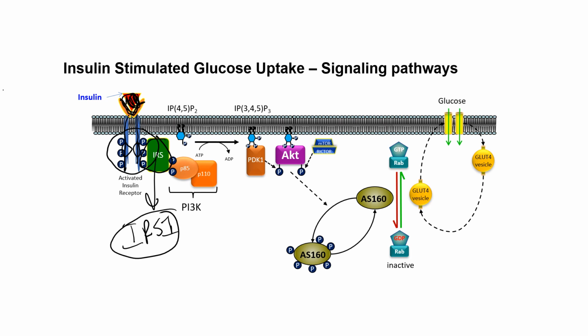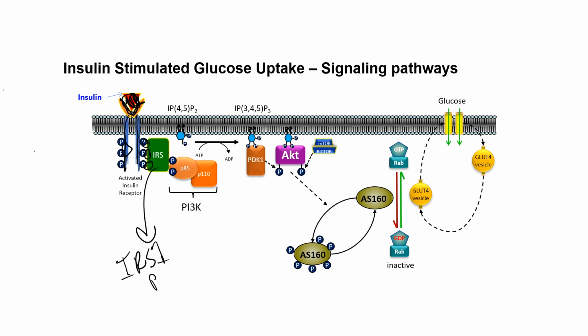Okay, so what you're seeing in this image is that IRS1, you can see by the P's, is being phosphorylated, and thus IRS1 has been activated. That is the first step in the insulin receptor pathway: to phosphorylate and activate IRS1.